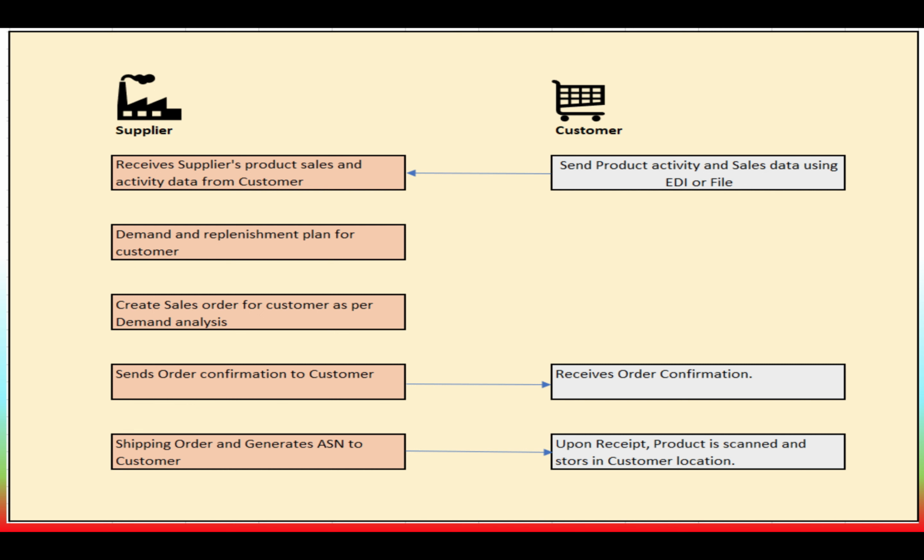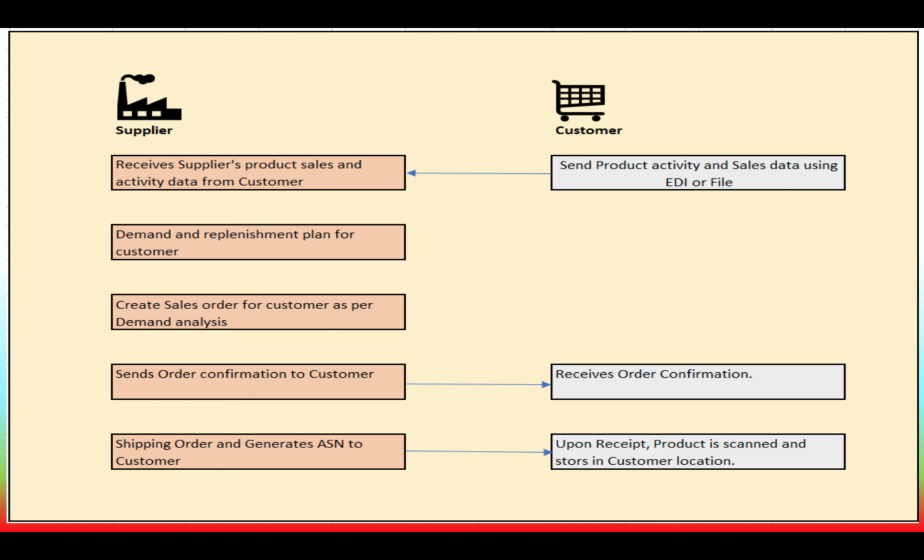The supplier receives the product sales and activity data from the customer, and the supplier could have a demand management system or any other analytics system. So he will analyze the demand and the replenishment plan for the customer.